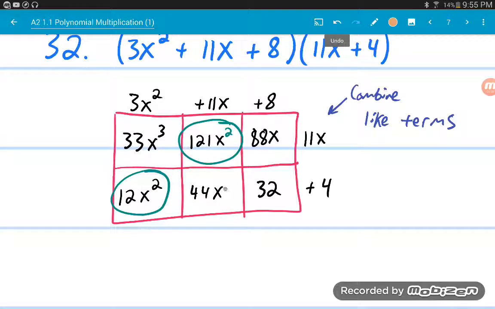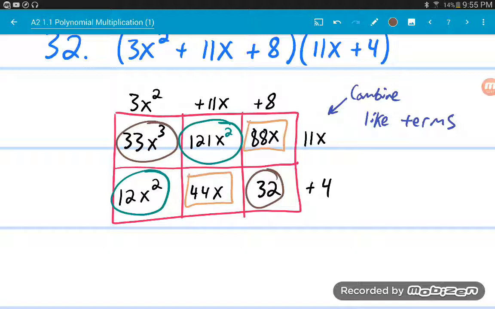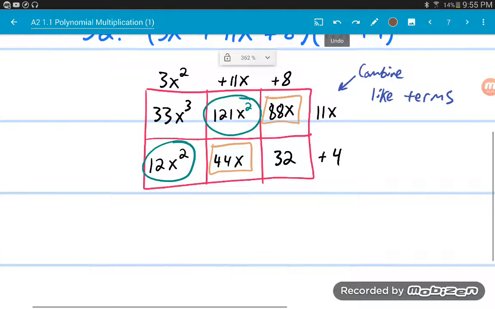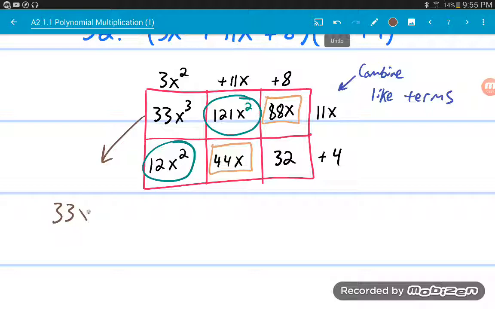In this light orange here, I've got the x's. And then the other two have no like terms. Not like. So I'm going to bring all those out. Biggest power first. 33x cubed. All the x squareds, 121 plus 12, adds up to a positive 133x squared.